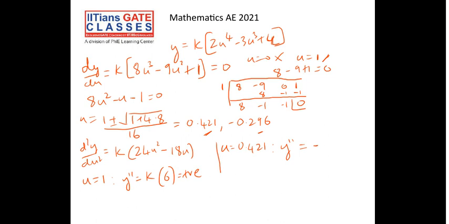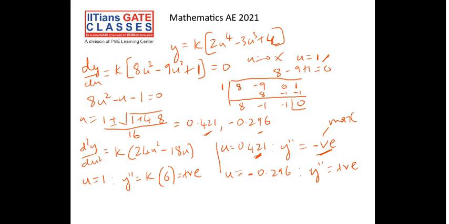Then, at u is equal to 0.421, we need to use a calculator to find this. y double dash comes to a negative value. And at u is equal to minus 0.296, it comes to a positive value. So negative value is over here. This will form a maxima.